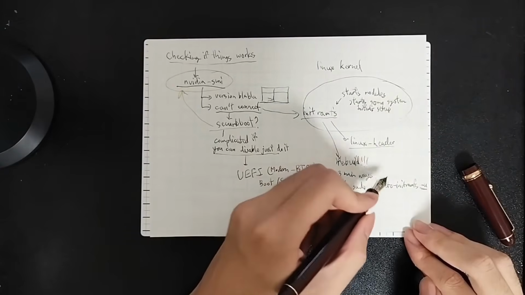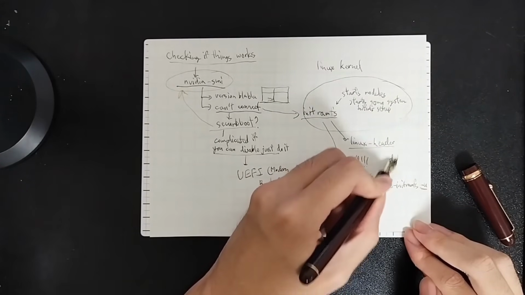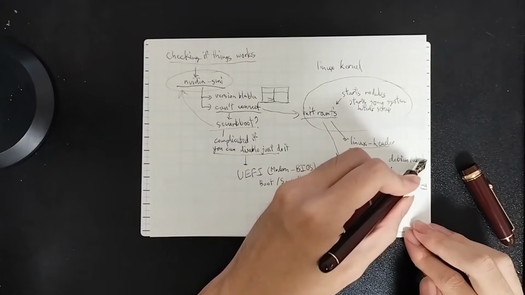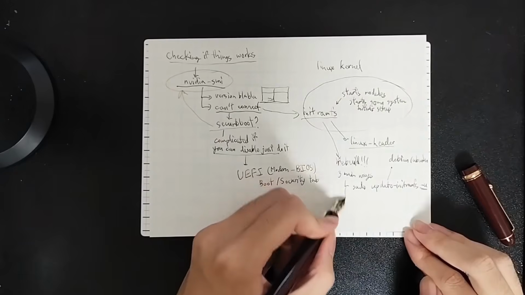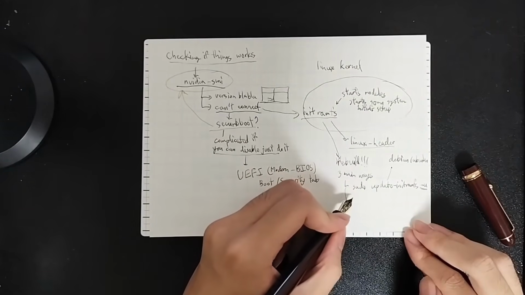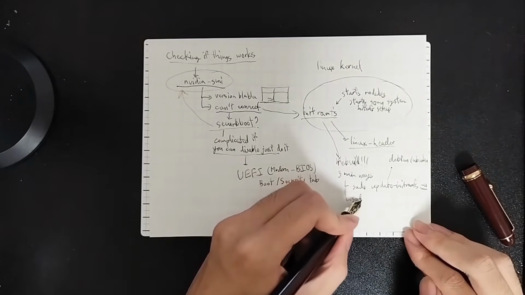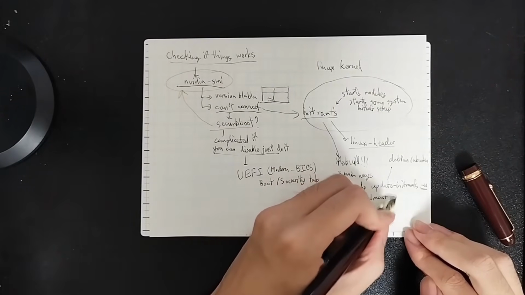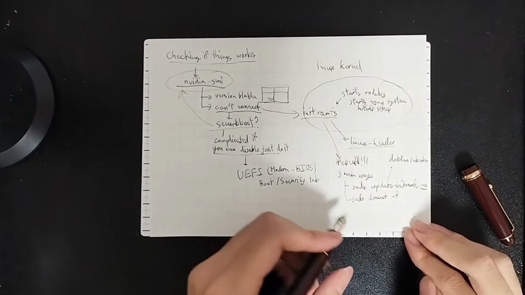And this works on Debian, Ubuntu, etc. Another one is for Fedora, which is dracut. So dracut -f, where f means force.